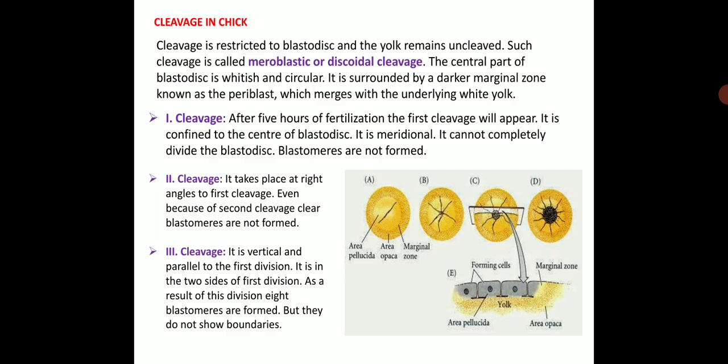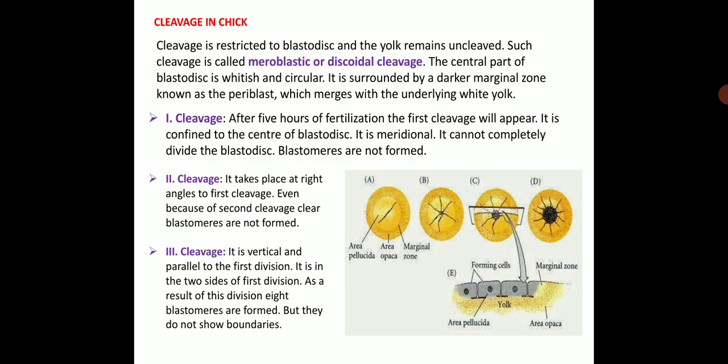It is confined to the center of the blastodisc. It is meridional. It cannot completely divide the blastodisc. Here the blastomeres are not formed. The second cleavage takes place at right angles to the first.